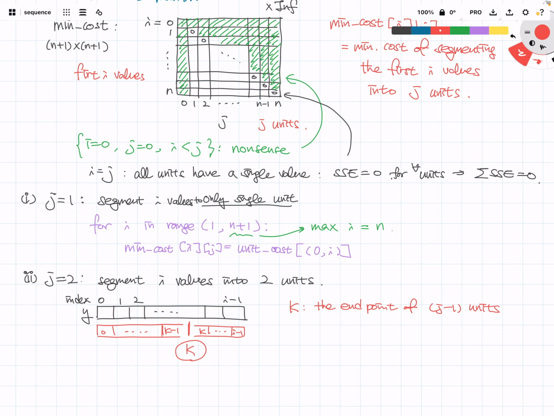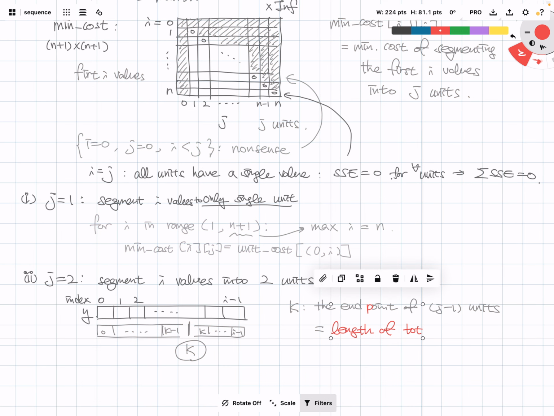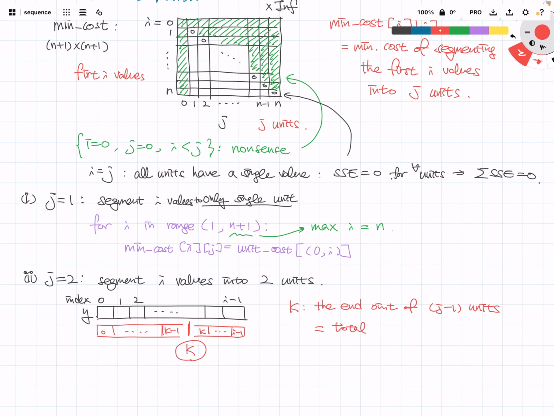And y means that length of, let me clarify, total length of j minus 1 unit.